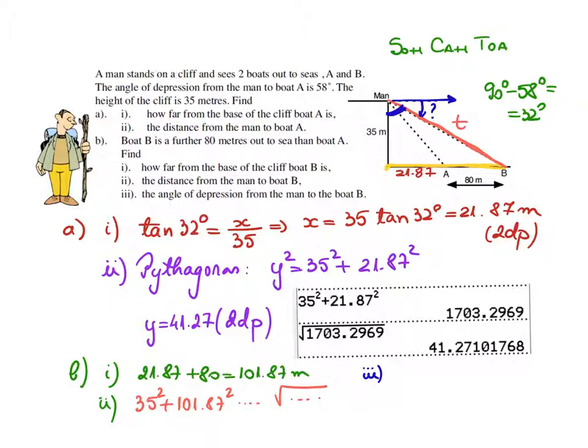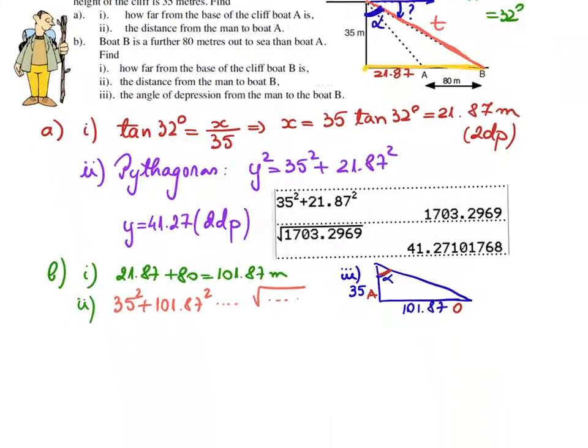And this angle here, let me call it alpha. If you look in this triangle where alpha is an angle, I know 35 and I know 101.87. So for the angle alpha, this side is adjacent and this side is opposite.